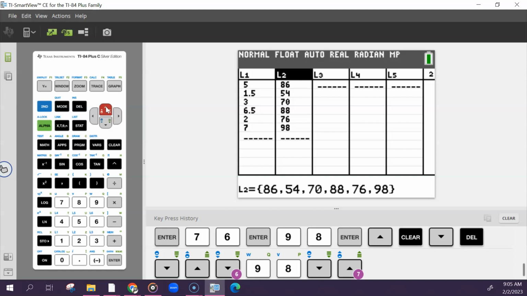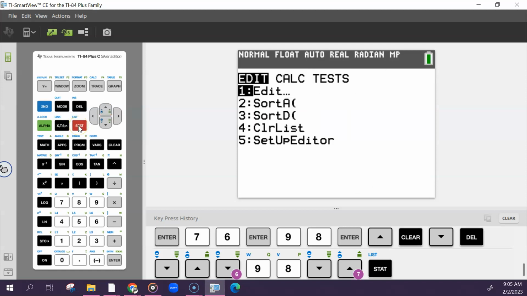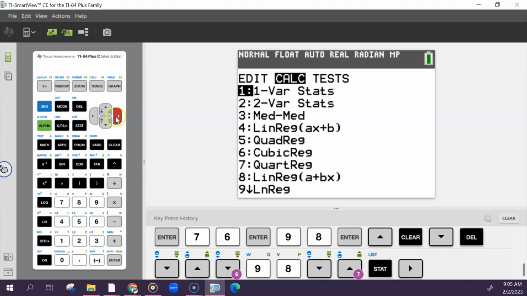It's a whole thing. All right, so from here, we're going to go back into stat. And now we're going to scroll over to the right where it says calculate. And of these things, what looks the most familiar so far? What looks like a format that we may have used, but maybe the variables are different.